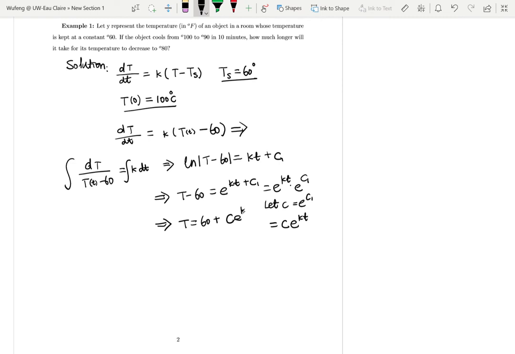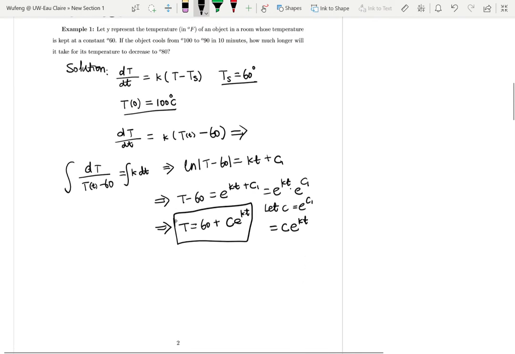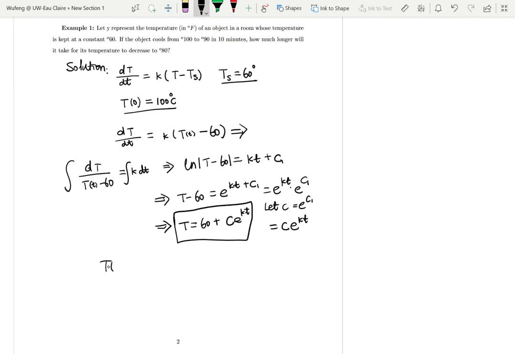So now we have our solution: T equals 60 plus c times e to the kt. Based on the condition T(0) equals 100, plug that into the function here. You get 100 equals 60 plus c times e to the k times 0, and e to the k times 0 is 1.